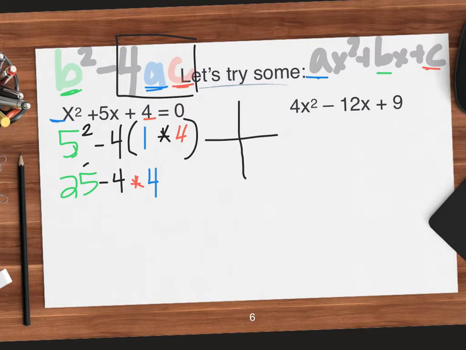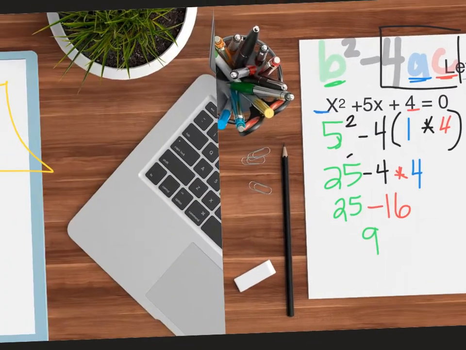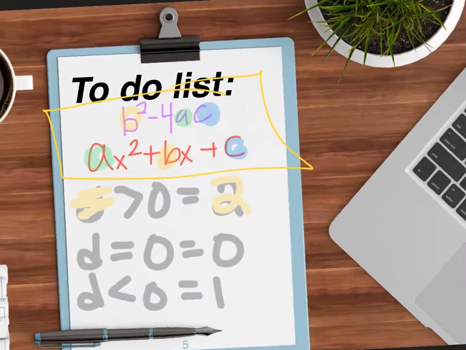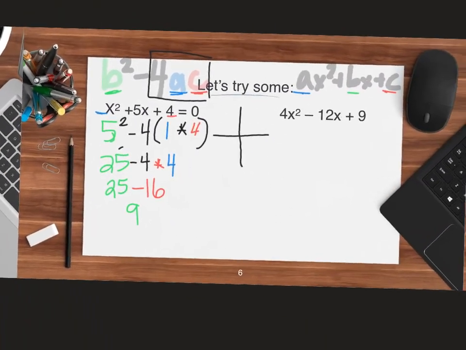So negative 4 times 4 is negative 16, and we get 25 minus 16. 25 minus 16 is 9. Okay, now I have to remind myself of these rules. So 9 is greater than 0, so there are 2 solutions.